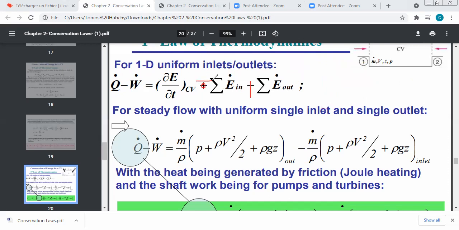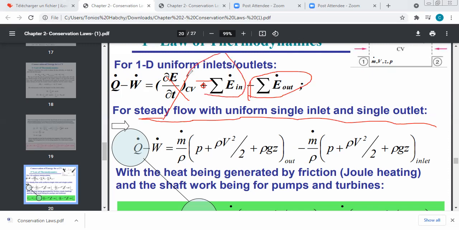And now, if we apply it for steady flow with uniform single inlet and single outlet, what will happen? First, this term is the transient term. Whenever I have a steady application, the transient term will cancel out. And I will then have plus the summation of energy fluxes that are going out minus the summation of energy fluxes that are coming in.